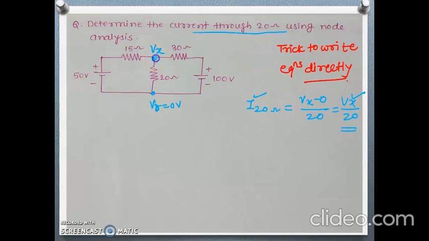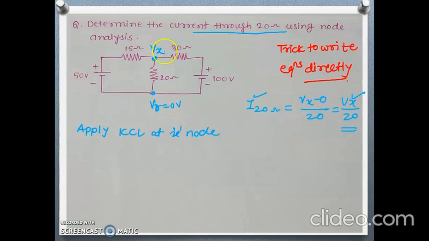So for that we are going to use nodal analysis, but we are going to write the equations directly. See here, this is the node at which we are going to apply KCL. Apply KCL at the X node.